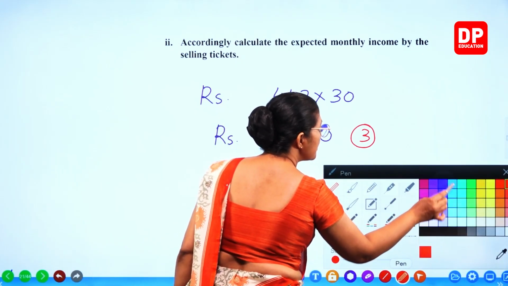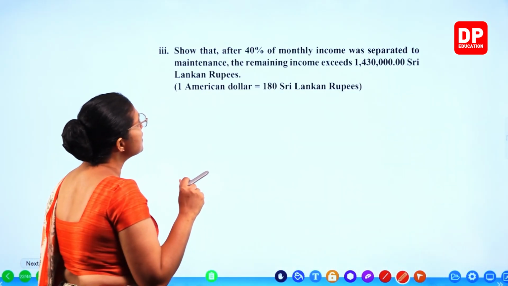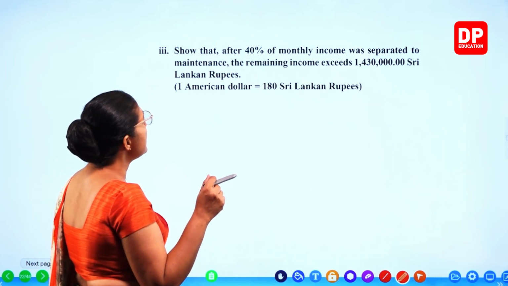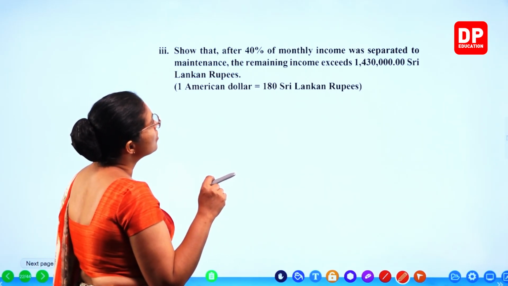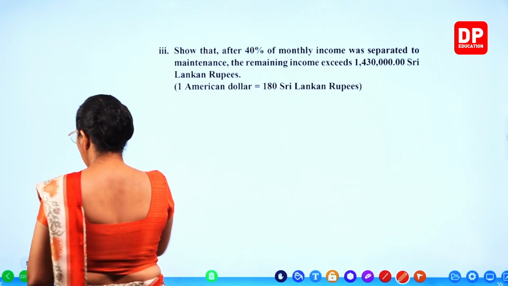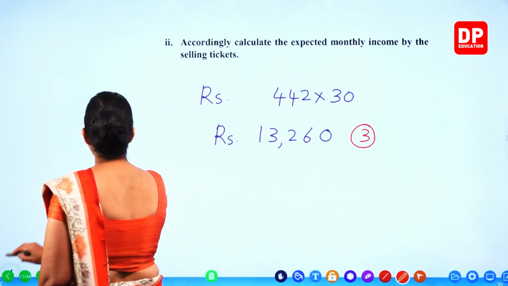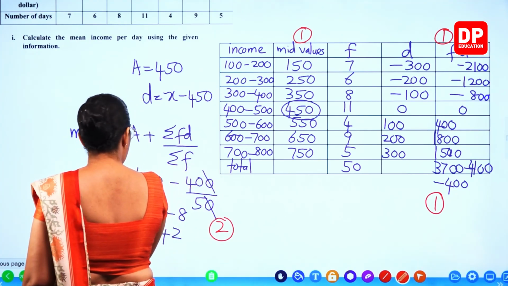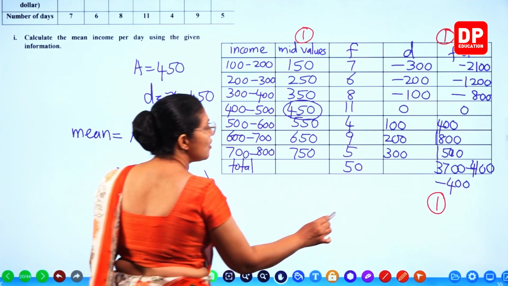Let's do the next part. Show that after 40% of monthly income was separated to maintenance, the remaining income exceeds 1,430,000 rupees, Sri Lankan rupees. The earlier one is not in rupees. Can you remember? The values are given in American dollars. So make sure that you are writing all these with American dollars.